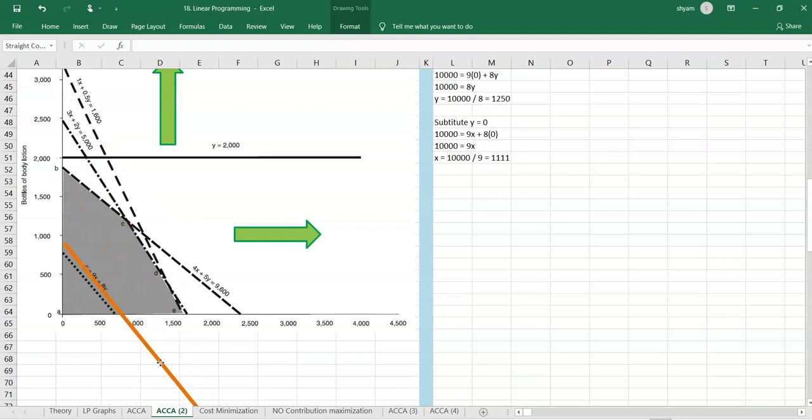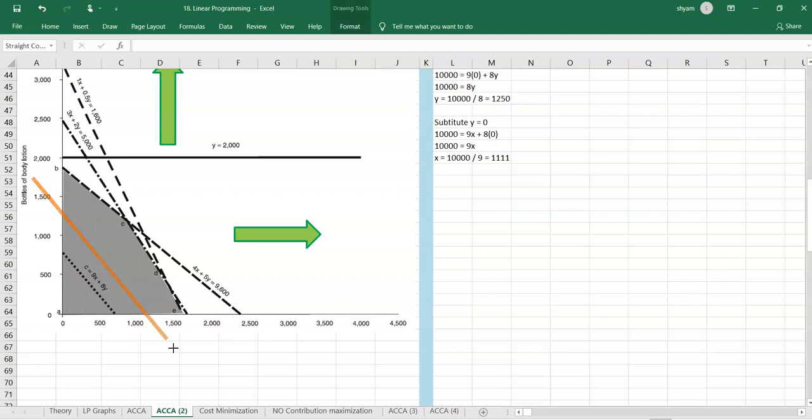I'll just put a line and show you. 1250, I think it is here, and 1100 should be here, right? So I think it would be a little bit here.